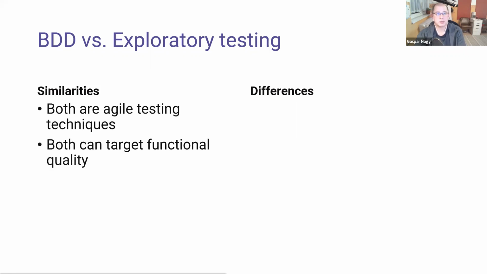Both BDD and exploratory testing are agile testing techniques, and they both can at least target functional quality. Of course, exploratory testing can target other quality aspects as well, but in many cases they are targeting functional quality as well.